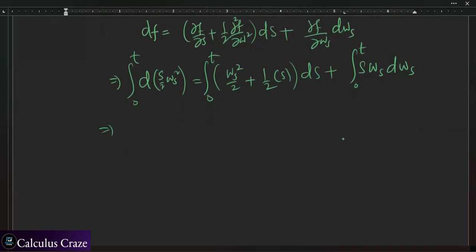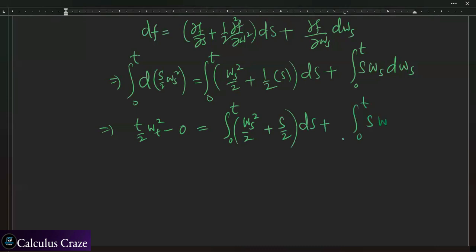So this will give me t by 2 times W_t squared minus, when you apply the limit 0, it is going to be 0. So it is the integral from 0 to t of W_s squared by 2 plus s by 2, ds, plus the integral from 0 to t of s times W_s dW_s.